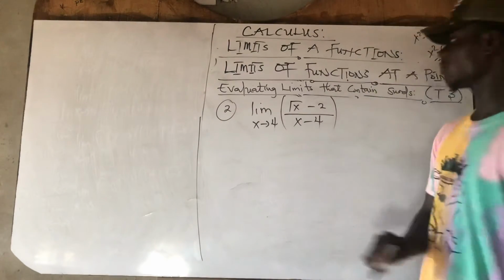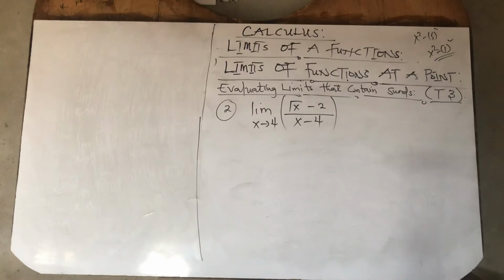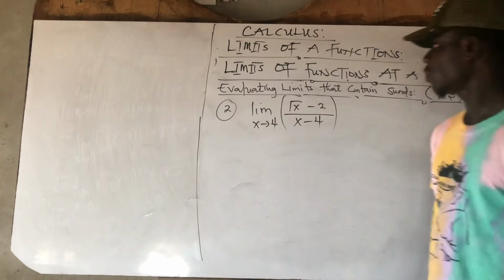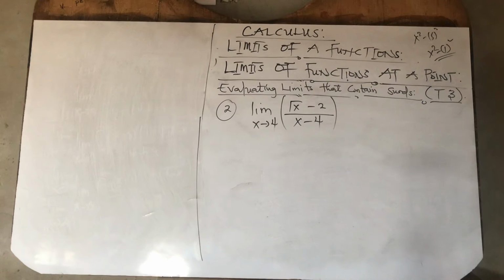So this. The limit as x approaches 4 of square root of x minus 2 all on x minus 4.